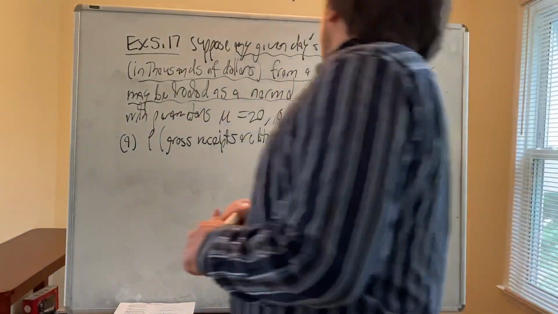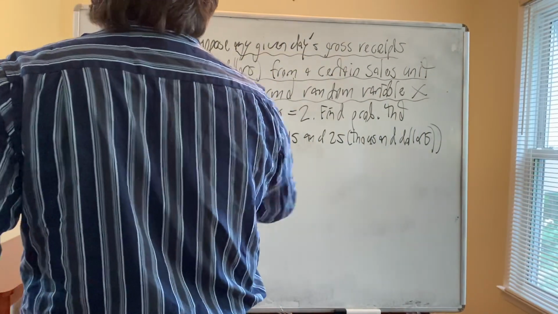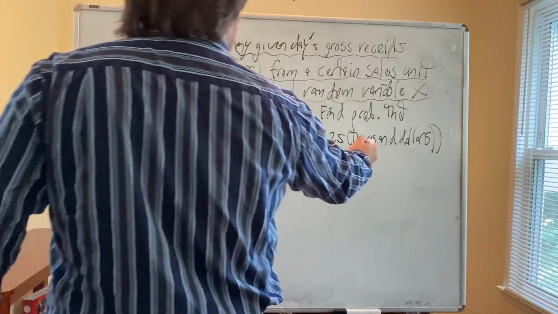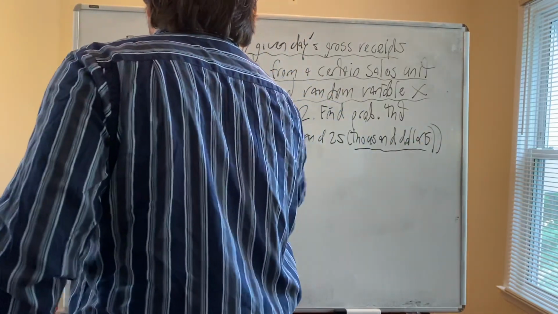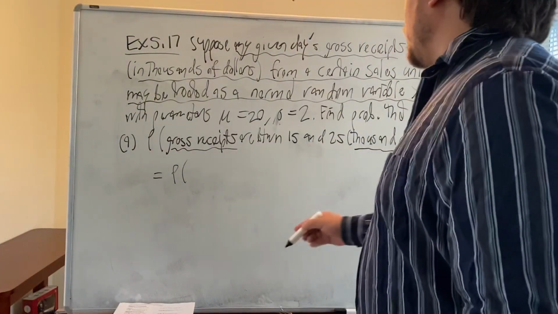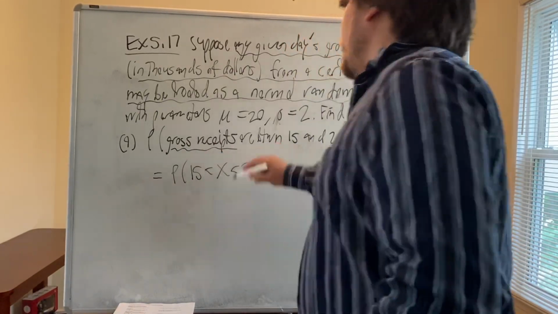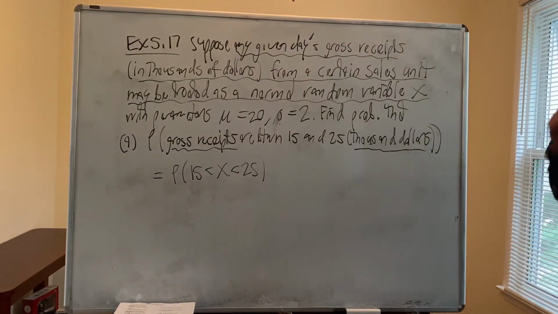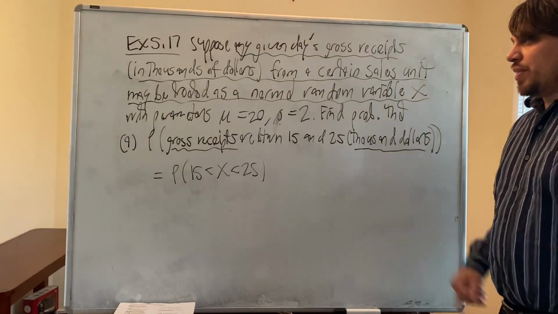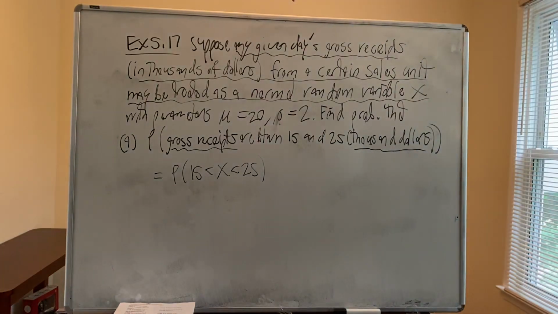So that means the gross receipts here, in thousands of dollars, is X, but it's between 15 and 25. So it's the probability that 15 is less than X, less than 25.